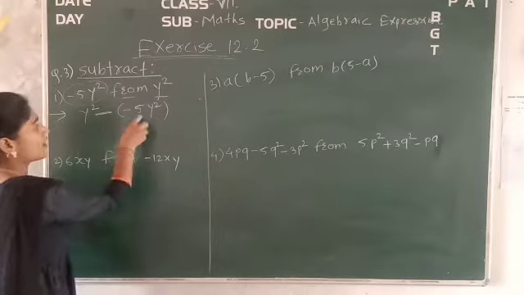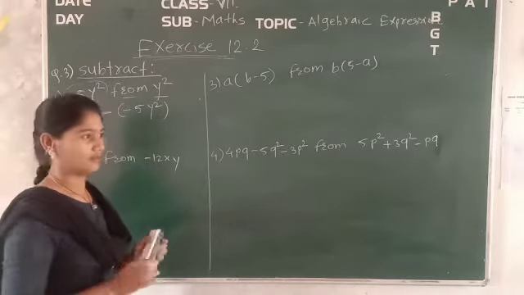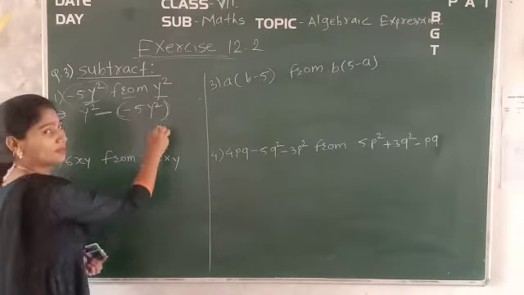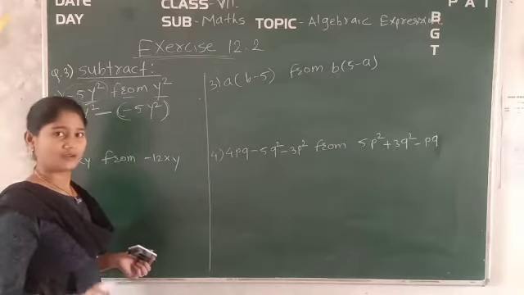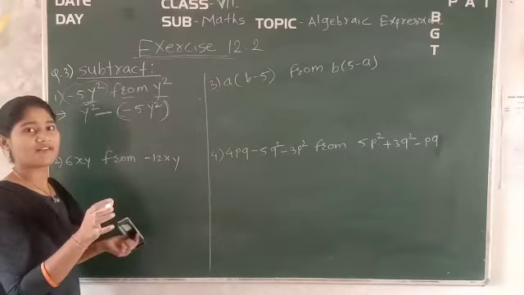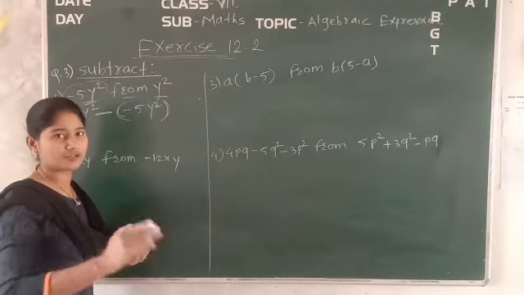So it is minus 5y square, that's why I have kept minus 5y square. After this minus sign, whatever the terms will be there, they should be in the bracket only. Remember that. Now after that, just solve it. Once you have made this arrangement in a very systematic way, then it is very easy to do the next calculation.